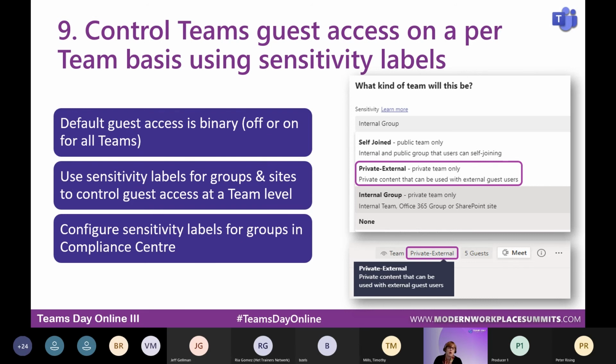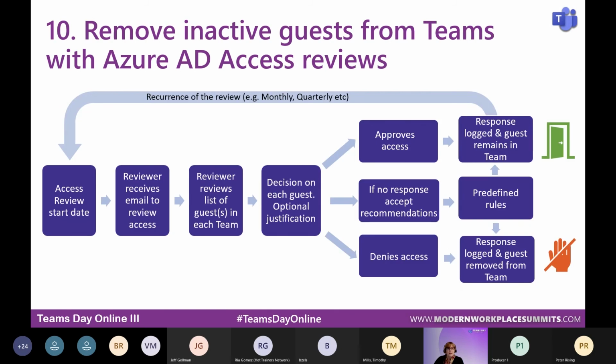With an internal team, you would block guests coming into that team, and with an external facing team, you would allow guests coming in. In that scenario, if someone tried to invite a guest to a team that was internal only, when they type in the external email address, they would be blocked from doing that. So as I say, there's a session on that later on today on this track.